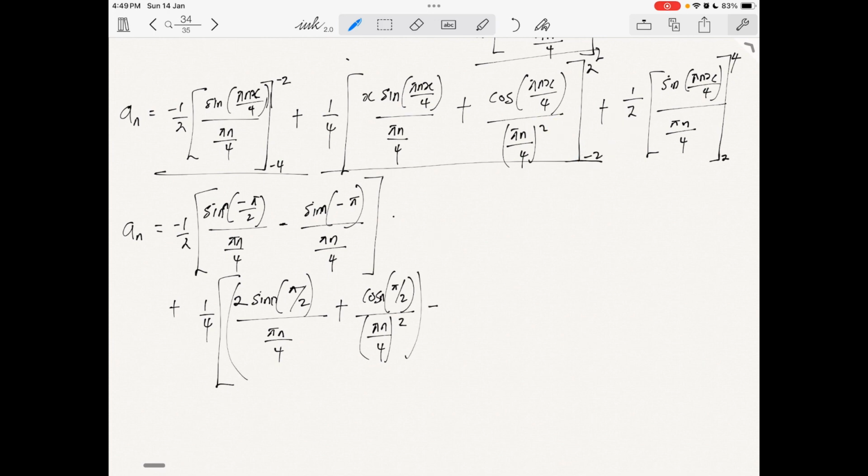So we have minus 2 sine n minus π over 2 divided by πn over 4, plus cos n minus π over 2 divided by πn over 4 squared.